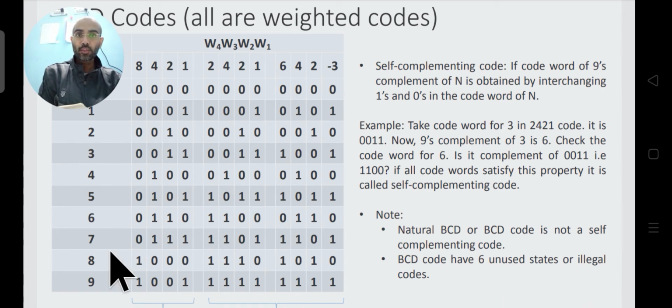If you want to represent any number from 10 to 15 in BCD, it should be of 8 bits, not of 4 bits. A binary number will be of 4 bits, but the BCD should be of 8 bits, because there will be 2 digits in the decimal number from 10 to 15. Each digit is represented by a group of 4 binary bits. So it should be very clear.